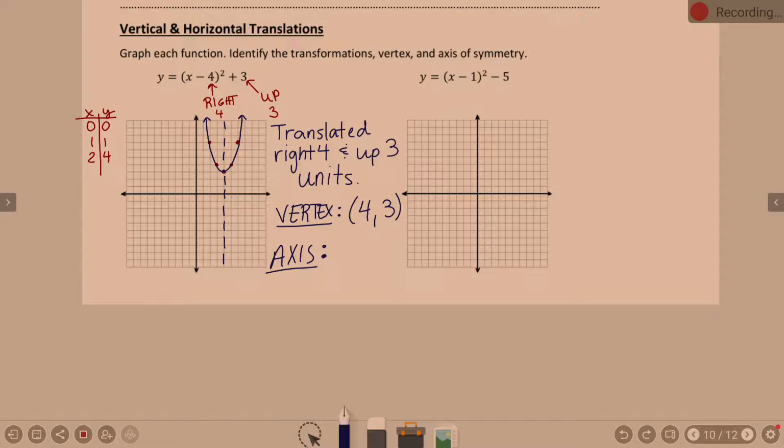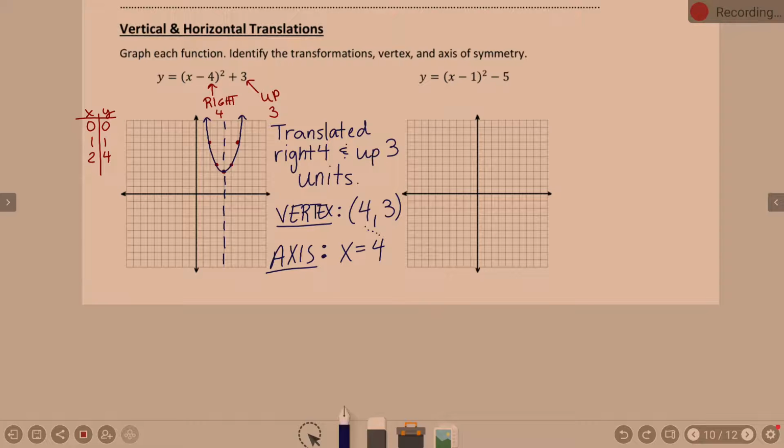What about axis of symmetry? Not just 4 though? X equals 4. I'm trying to get it so when we have a quiz or a test, you don't get caught and get that wrong. X equals 4, not just 4.